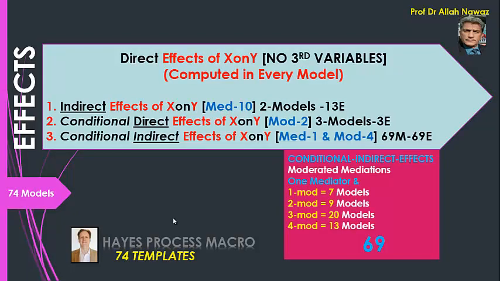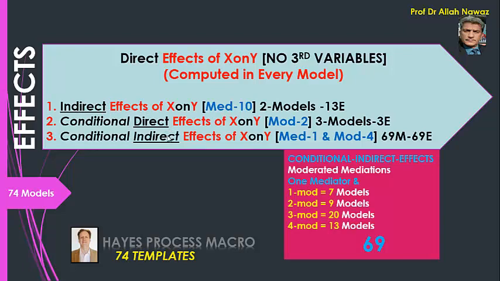So there are a total of 74 models. 69 plus 3 plus 2 makes 74 models as given by Hayes PROCESS macro, and we use them in SPSS.